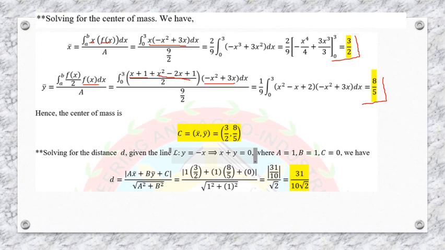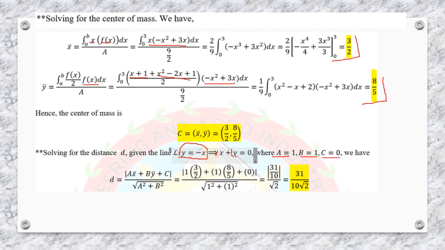After that, solve for the distance. Our region revolves about the line y equals negative x. Transform it into standard form, so we have x plus y equals 0. So our a is 1, and our b equals 1, coming from the numbers beside x and y. Since there is no constant except 0, C equals 0.